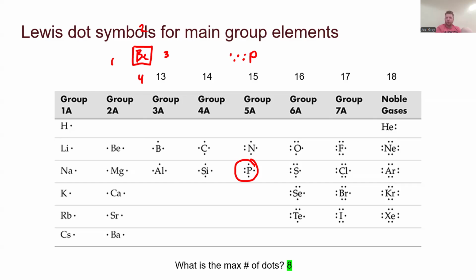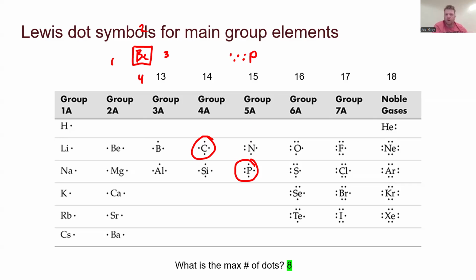You want to evenly distribute the electrons as much as possible, as is evidenced by what you see with carbon here. Carbon has 1 electron on each side because there's a total of 4 sides, there's 4 electrons. Where you place the others doesn't really matter to me, but I want you to evenly distribute them as much as possible.